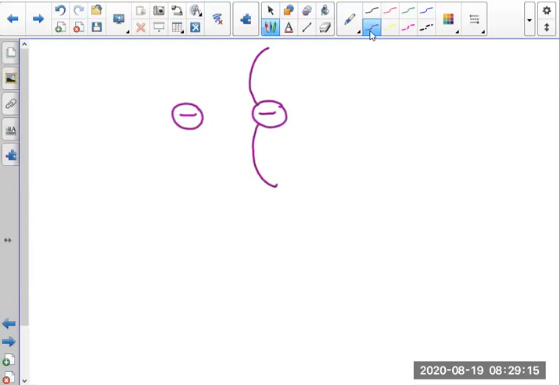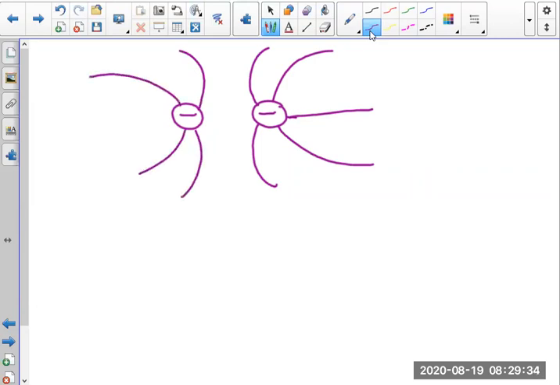Now look at this. I only use a few lines. Can you see? These are the only lines that I'm going to use to make sure that the one who's marking my paper can see that my electric field lines do not cross. So I'm going to have another one there, and then there, and then there.